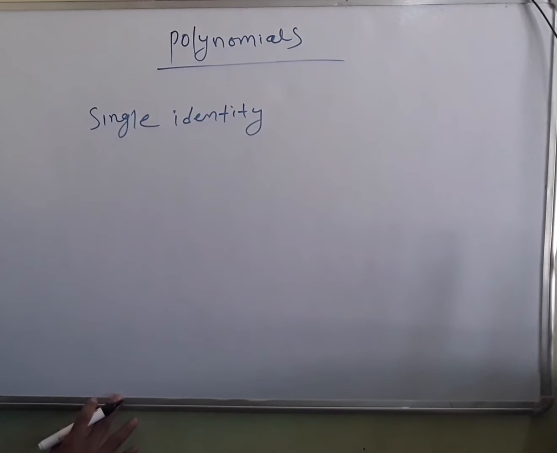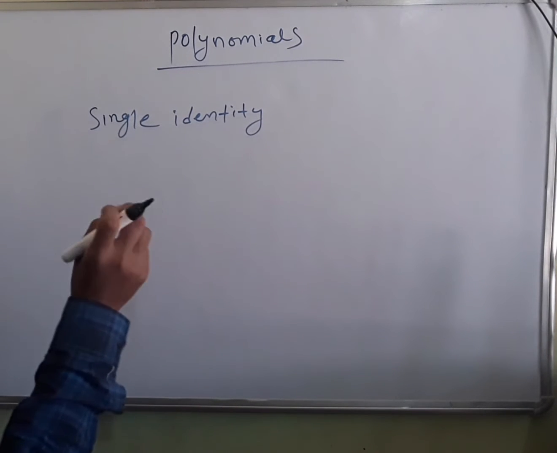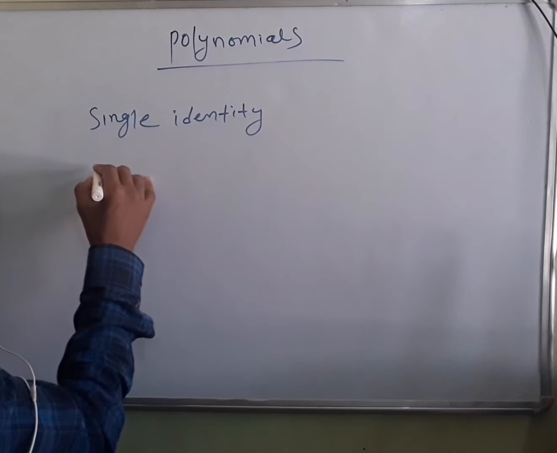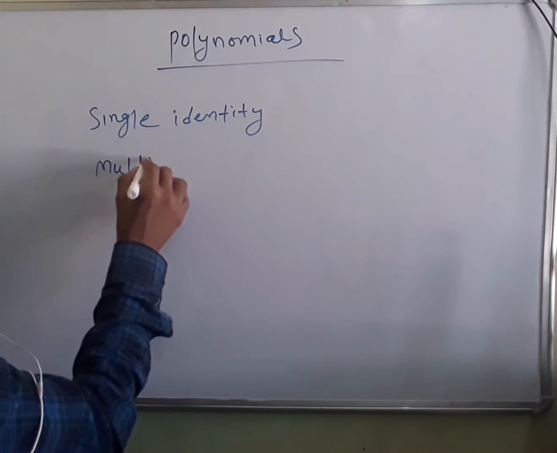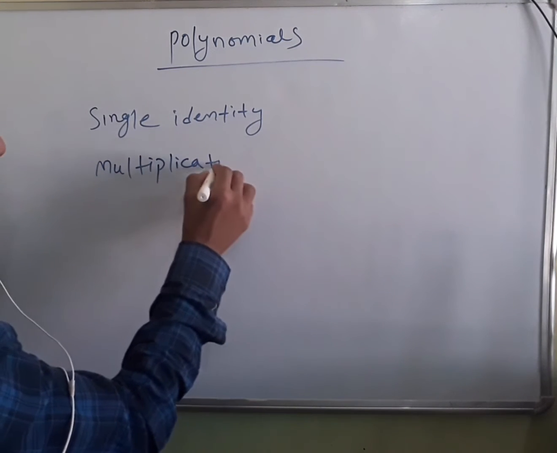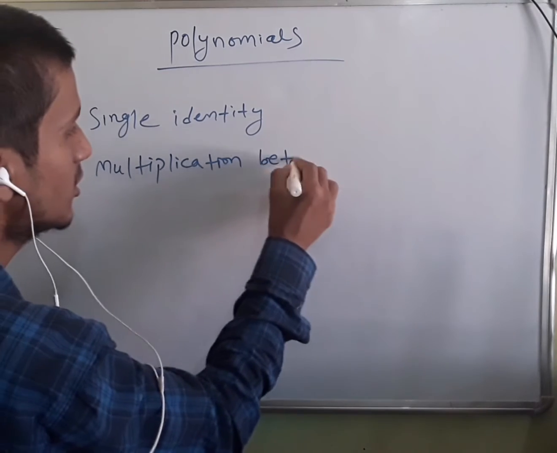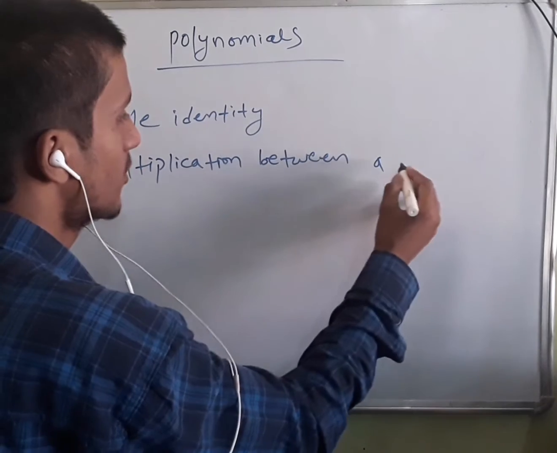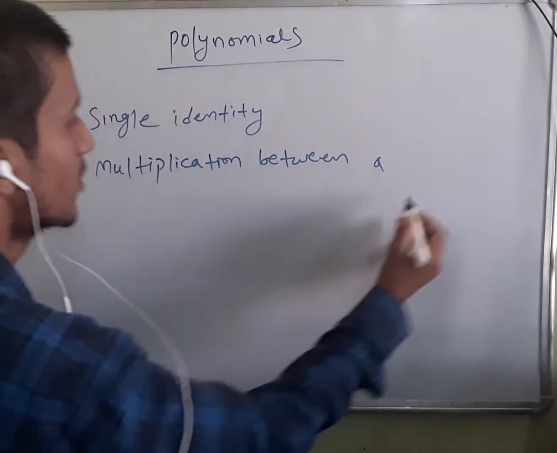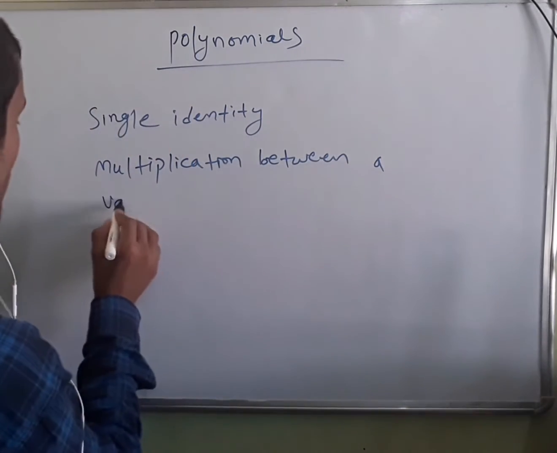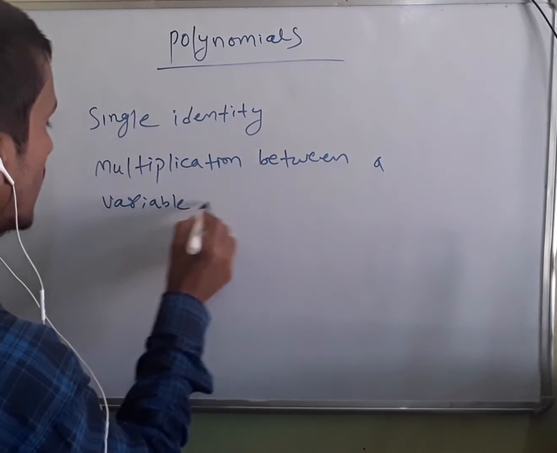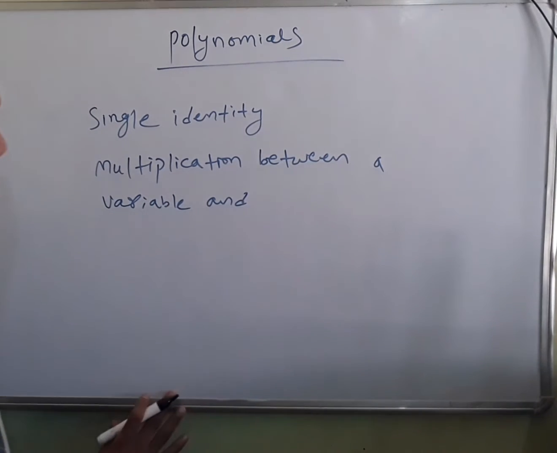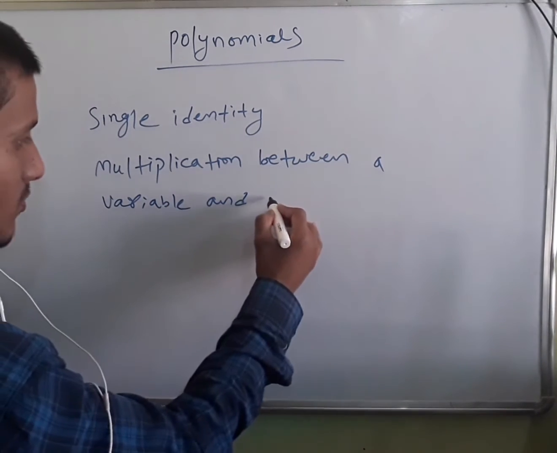Identity. In which you can have multiplication between a variable and a constant.